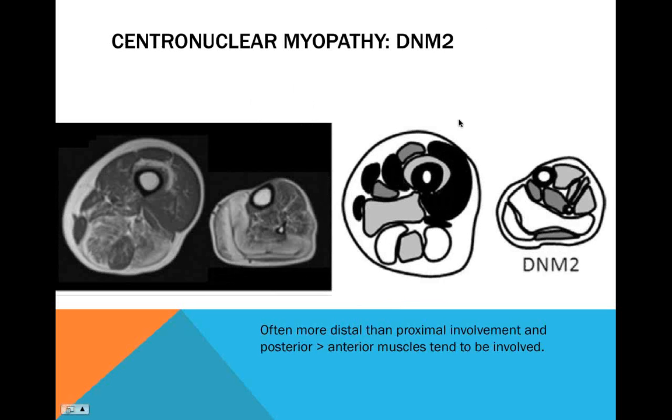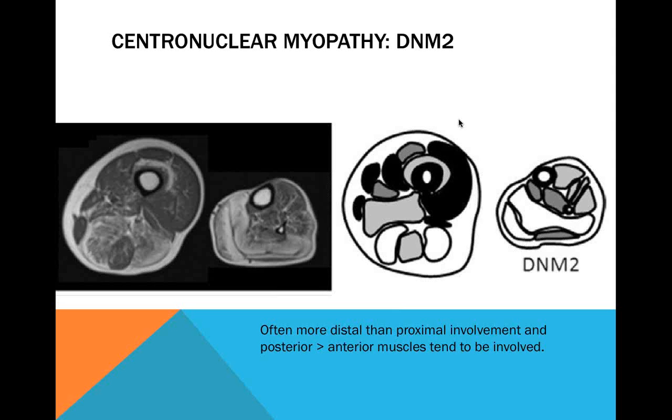Okay, moving along. More has been described about centronuclear myopathies, particularly a DNM2 mutation, which is a specific type of gene mutation. Centronuclear myopathies are basically named that because of the finding on their muscle biopsy where all of the nuclei of the muscle cells tend to move to the center, whereas at baseline they tend to be on the periphery. And these patients typically present with some mild facial weakness.